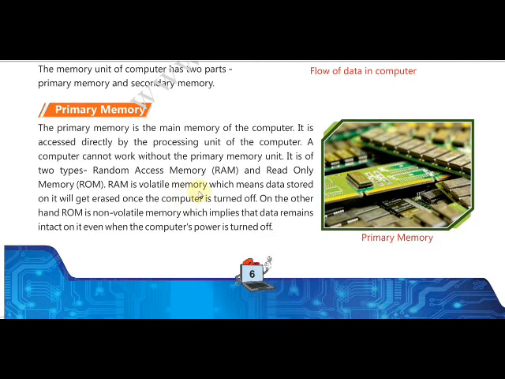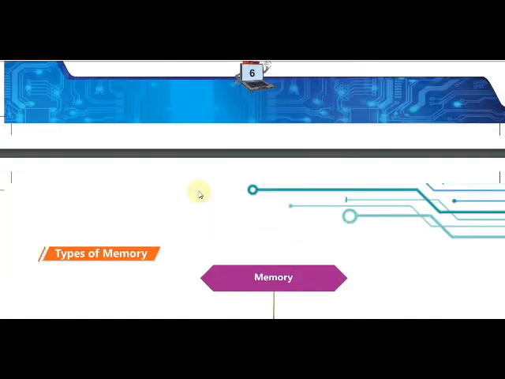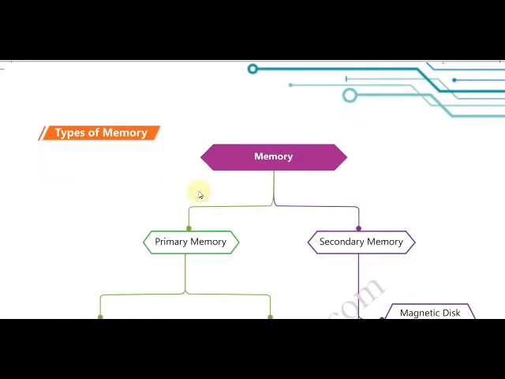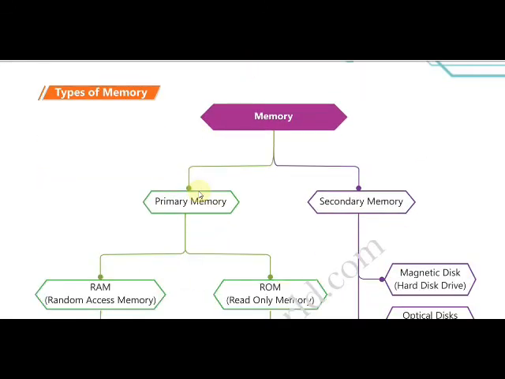Our next point is the types of memory. Memory is a unit of the CPU, and there are two types of memory in the memory unit. The first one is primary memory and the second one is secondary memory.